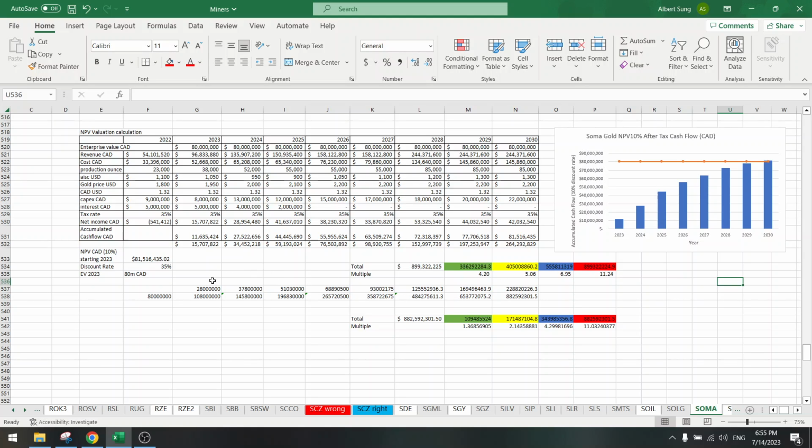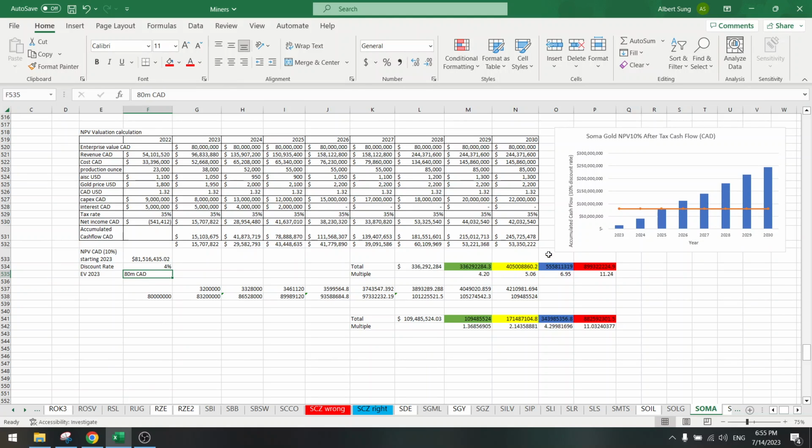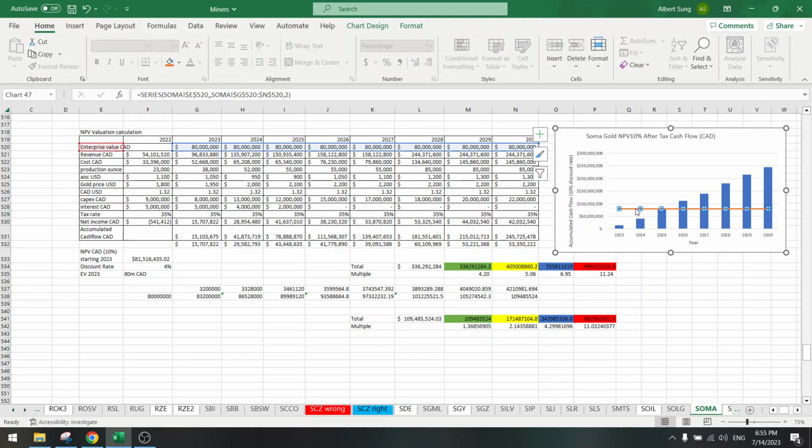So if I put this back to current 4%, then what is actually the value of Soma Gold at 4%? Because today we are not at 35%. Bonds are not at 35%, they are at 4%. So what is actually the real value of Soma Gold? It should be here, 250 million, because that's the end value of this NPV calculation.